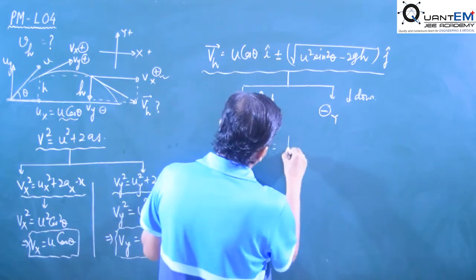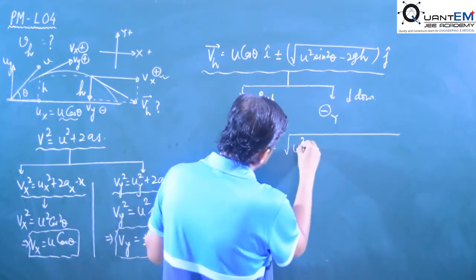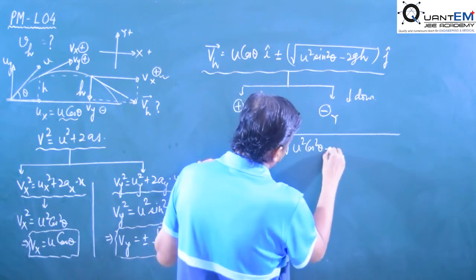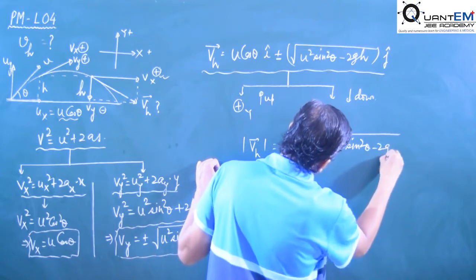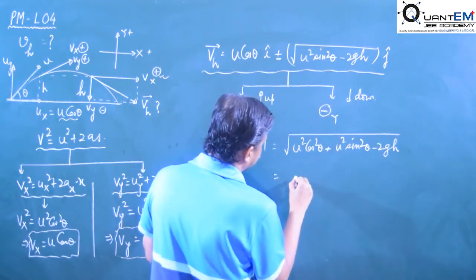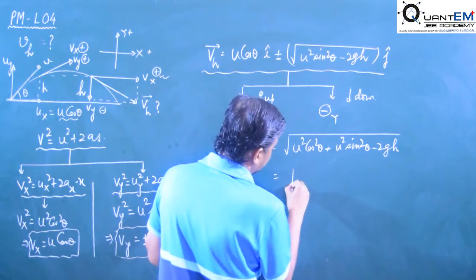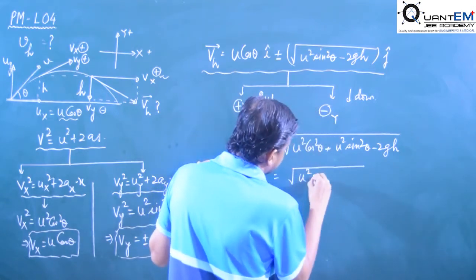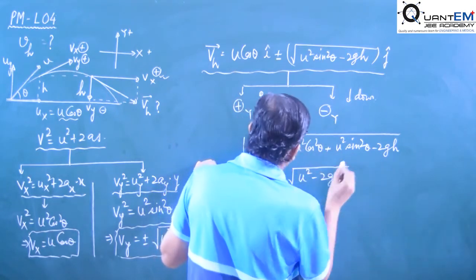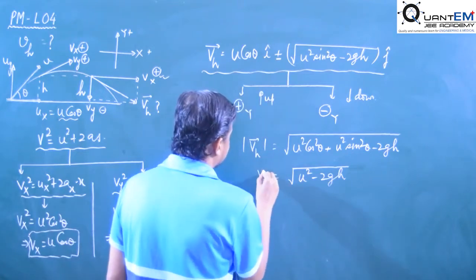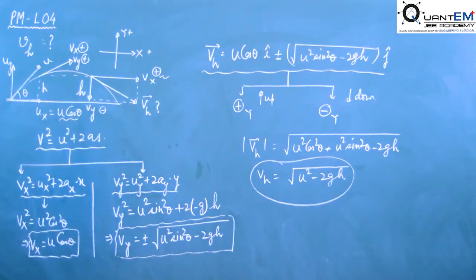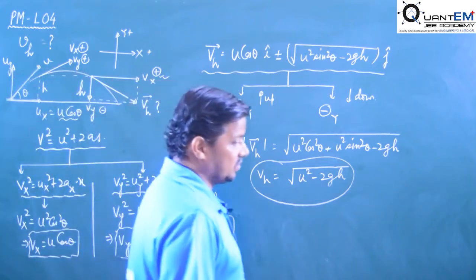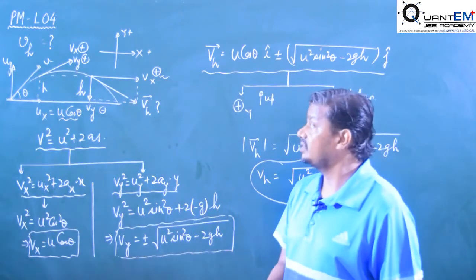It is simply under root u square cos square theta plus u square sin square theta minus 2gh. So we get the result under root u square minus 2gh. It is the speed at any height h, because speed is always positive. Now we have to find the velocity of the projectile at any time t during motion.